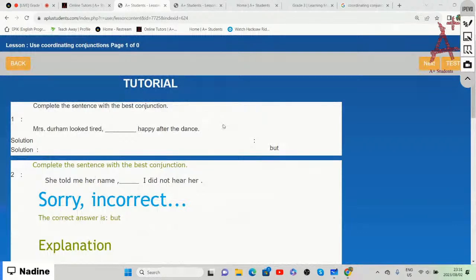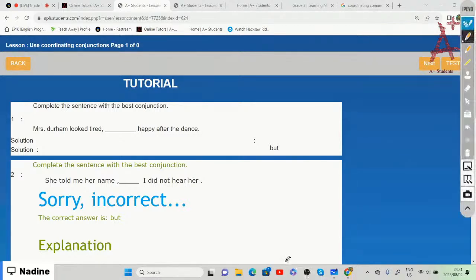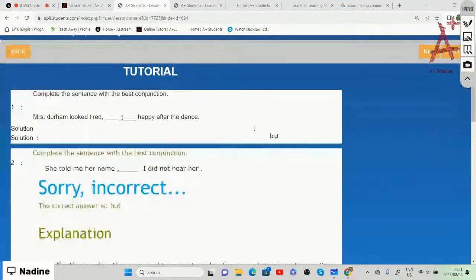So, she looked tired, but happy after the dance. The coordinating conjunction we can select or use is but. As much as she looked tired, she was happy after the dance. So but is our coordinating conjunction within that sentence.